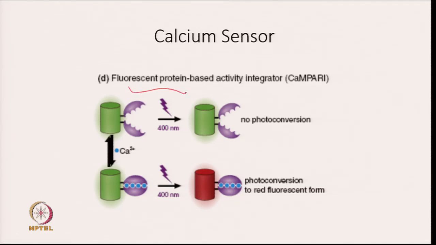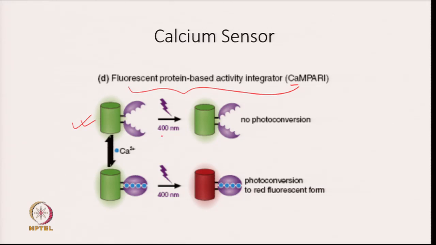Fluorophores can be used to look at ion concentration. The protein which has been used as a fluorophore for this is known as a fluorescent protein based activity integrator, and the name is CaMPARI. This protein has a structure like this.